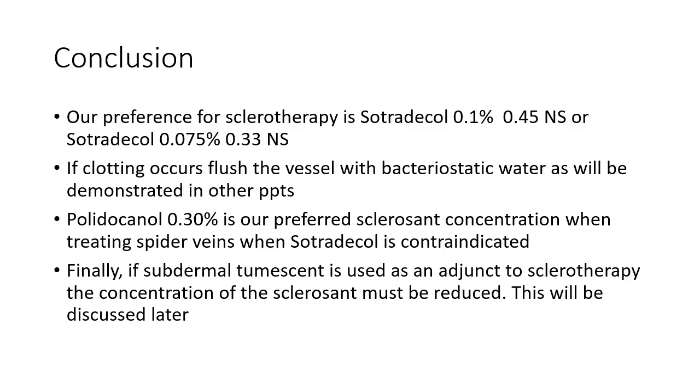We will talk about this in further PowerPoints. Polydocanol 0.3% is our preferred sclerosant concentration when treating these telangiectasia when Sotradecol is contraindicated. Finally, if subdermal tumescent is used as an adjunct to sclerotherapy, the concentration of the sclerosant can be reduced even further. This will be discussed later.